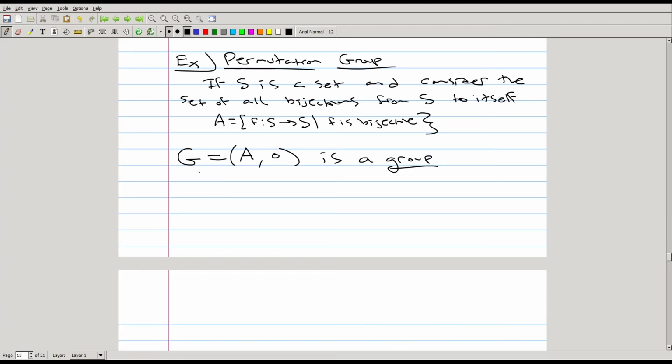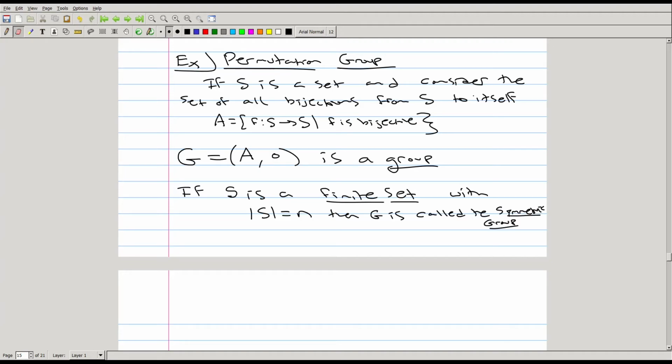And furthermore, if S is a finite set, with cardinality equal to n, then G is called the symmetric group on n elements.